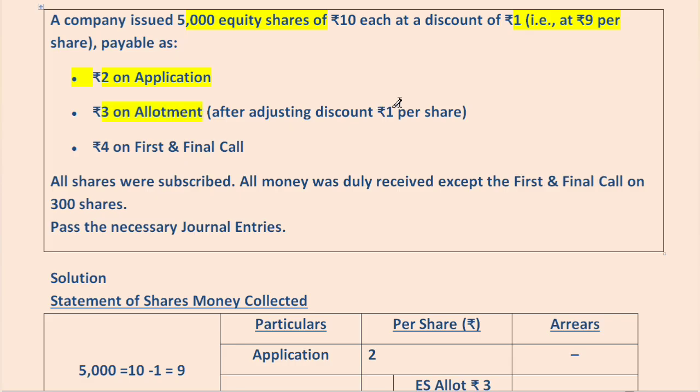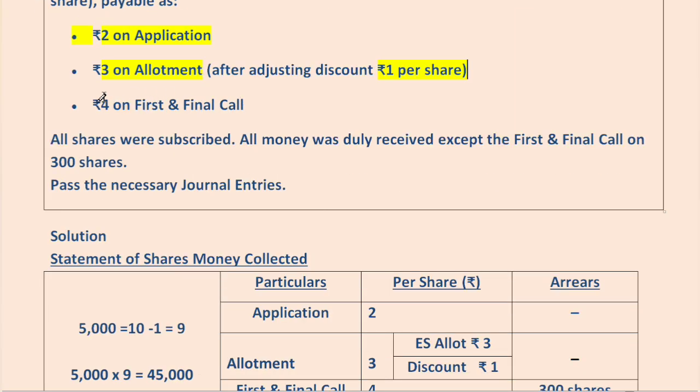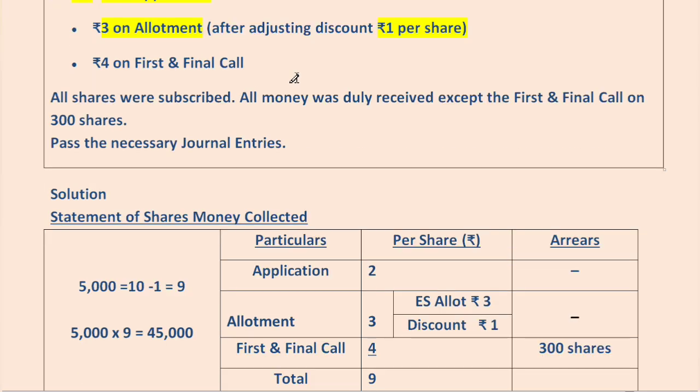Here discount is rupees 1 per share given. And 4 on first and final call. All the money was subscribed and duly received except first and final call money on 300 shares. Here arrears are also given.